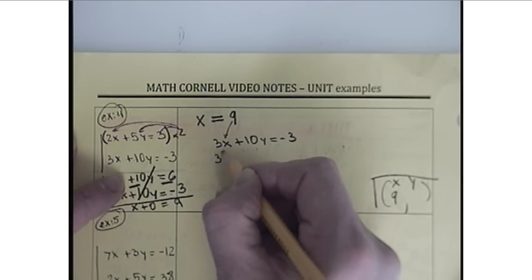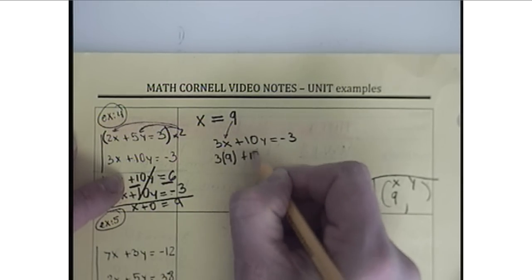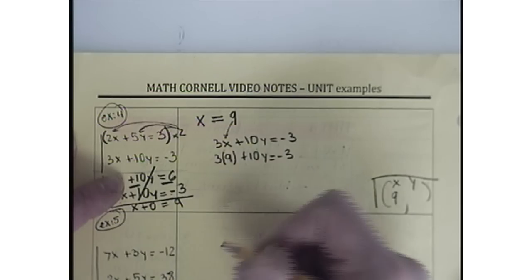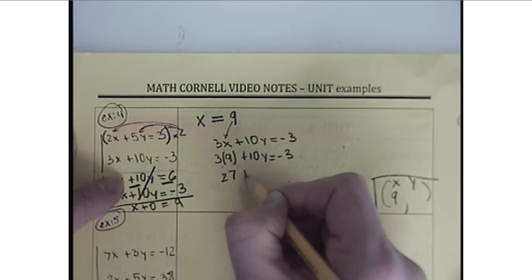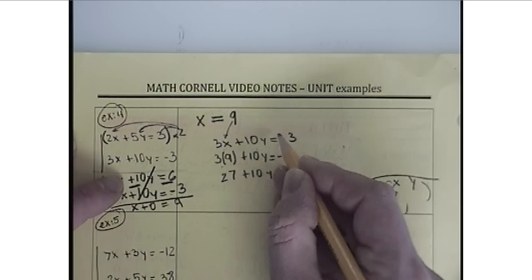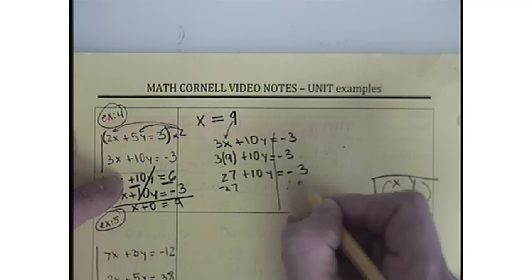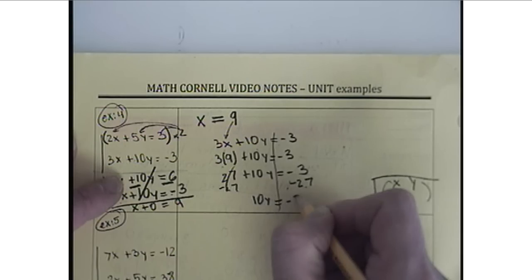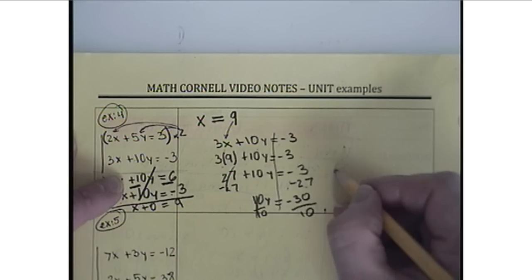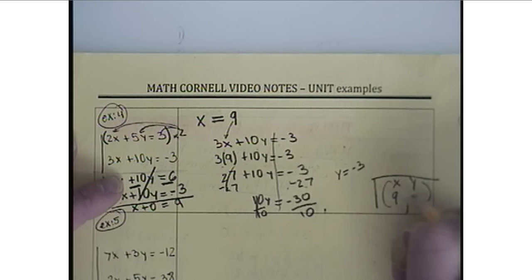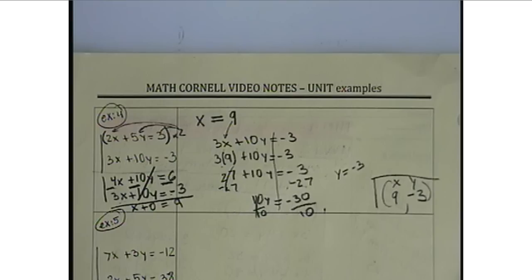So 3 times 9 plus 10y equals negative 3. 3 times 9 will be 27 plus 10y equals negative 3. Then we subtract 27 from each side. 10y is equal to negative 30. Divide by 10. This gives me y is negative 3. So x is 9, y is negative 3 will be the final answer.